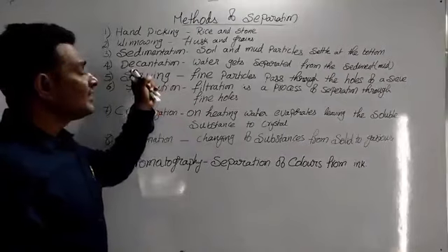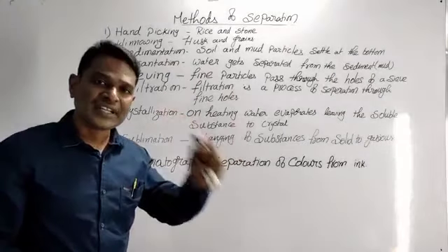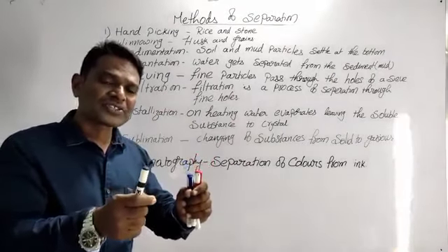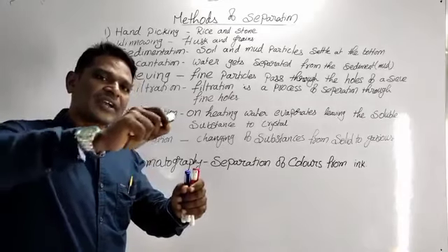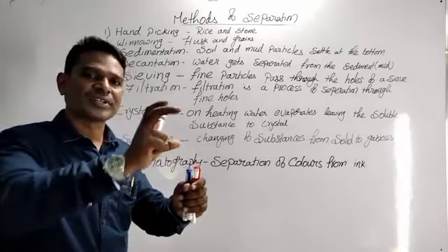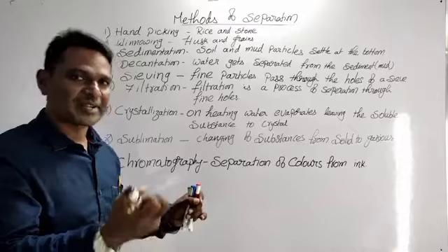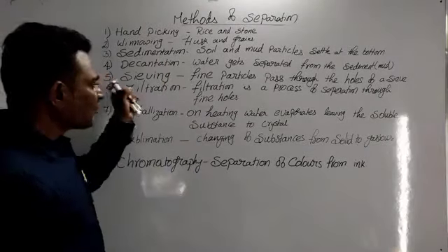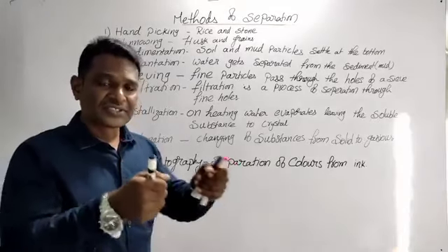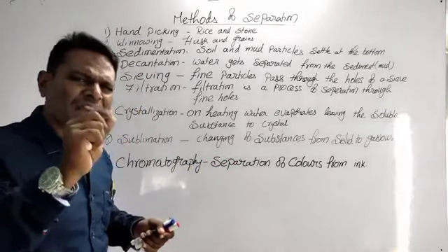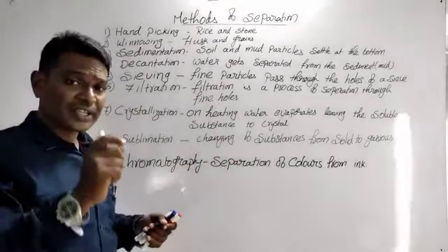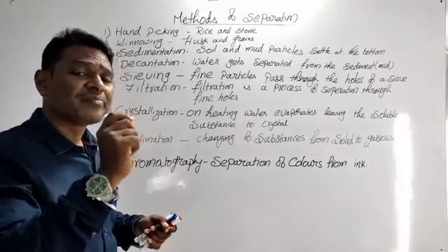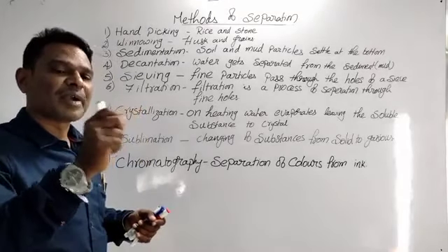And decantation: in the process of decantation, we are tilting the clear water and separating it from the sediment. So this is called decantation. And coming to sieving, yes, sieving separates the fine powder from the large particles.